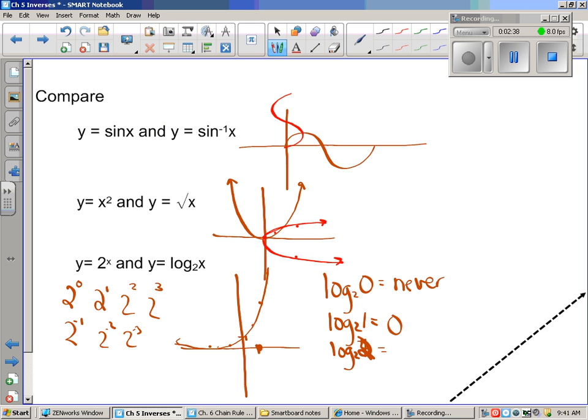Well, of course, that would be 1, right? And then what about if x was 4? 2 to what power would give you 4? Well, that would be 2, 2 squared. And so we would keep moving in this way. If we wanted fractions, rather than negatives, because we can't get negatives, it would continue to look like this. Oops, I did that in the wrong color, so I'm going to pen over that in the right color. I want my inverses in red.